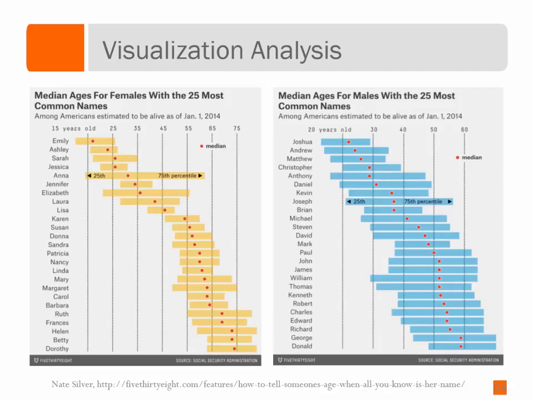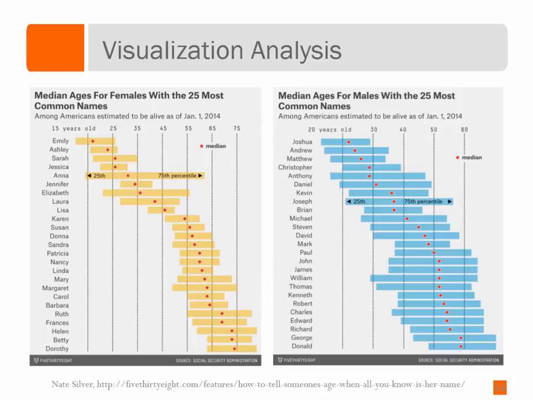Using some of the same data, also from Nate Silver, this visualization answers a slightly different question. Let's say that we know someone's name, but we're trying to speculate, we're trying to forecast how old they are.